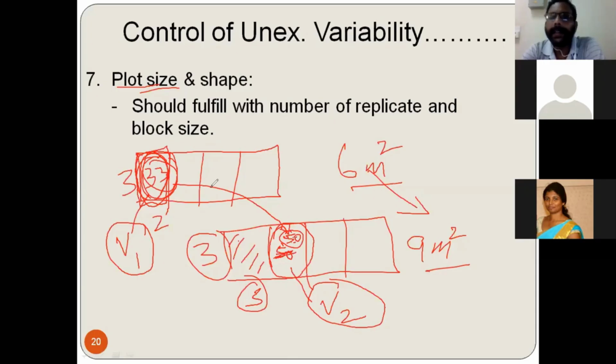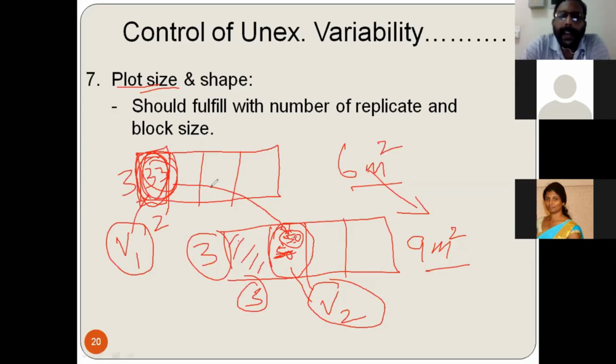Good. Why? Block size is large, so variability is also high. That is okay, but I am focusing on the plants. How many plants in V2 and how many in V1? Don't worry about the density.